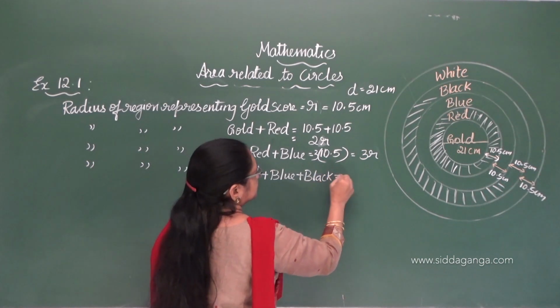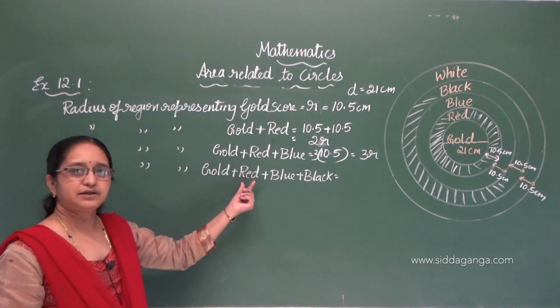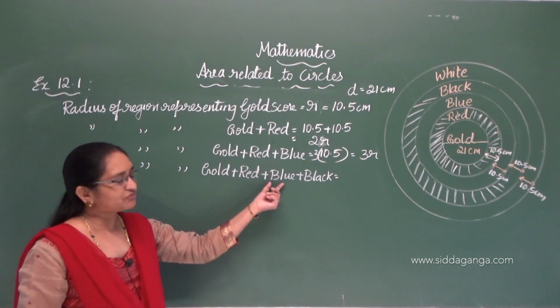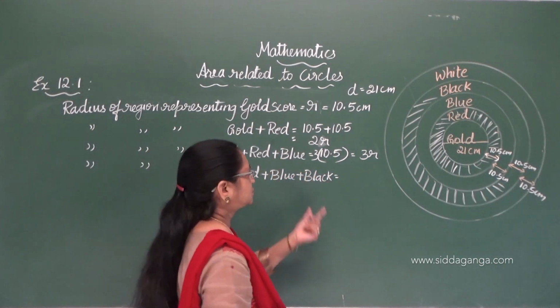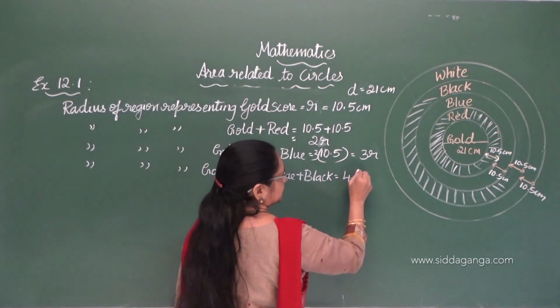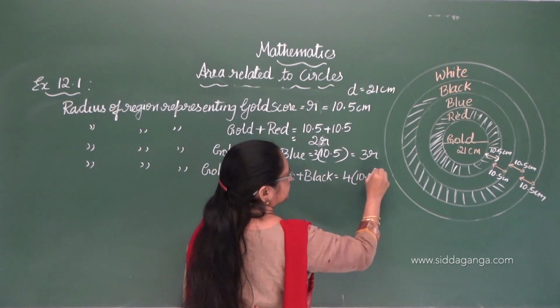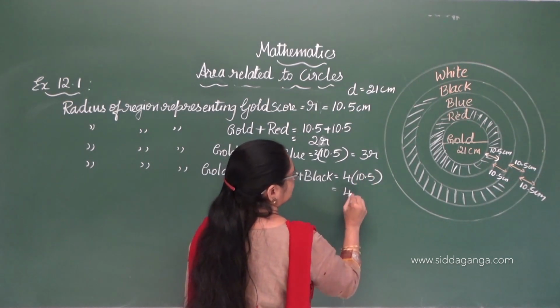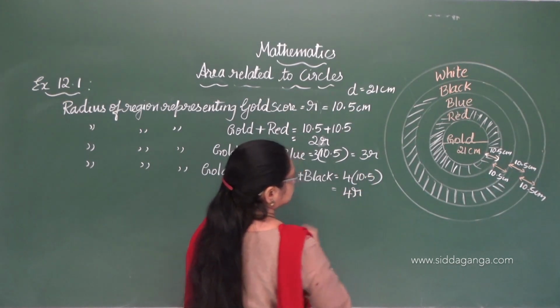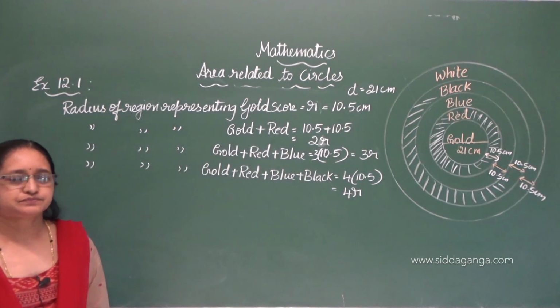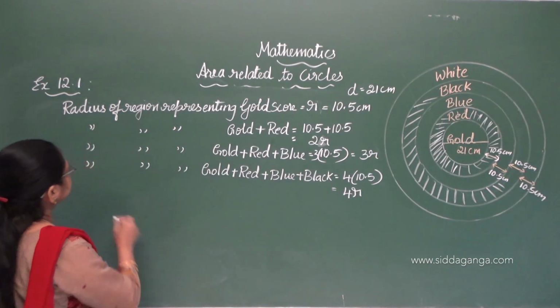So 4 times 10.5, or can I write it as 4R? 4R. Next, one more.